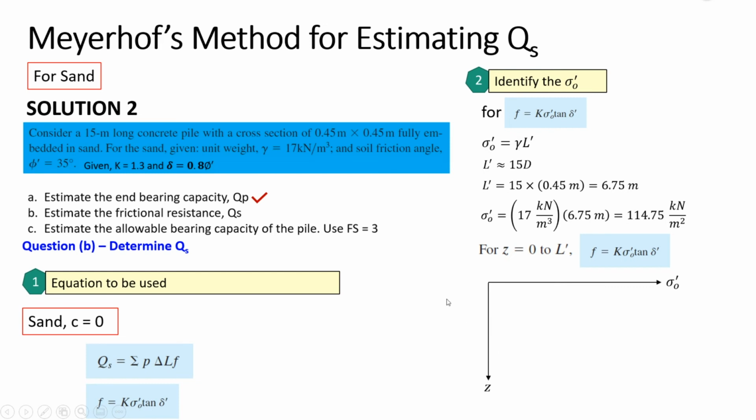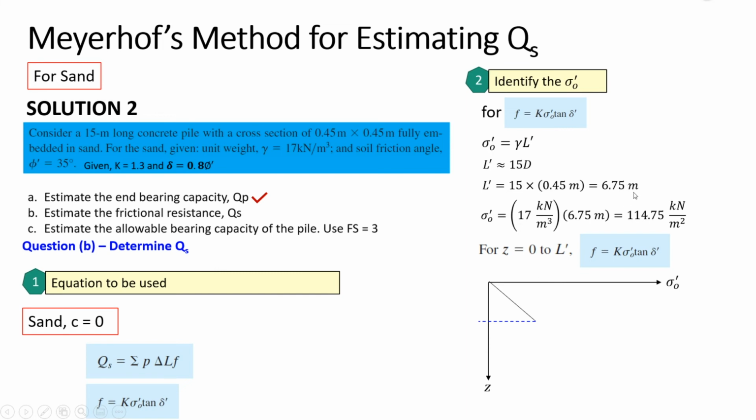As we increase the depth, the effective pressure will also increase more or less linearly until it reaches the L prime, or the critical depth here.